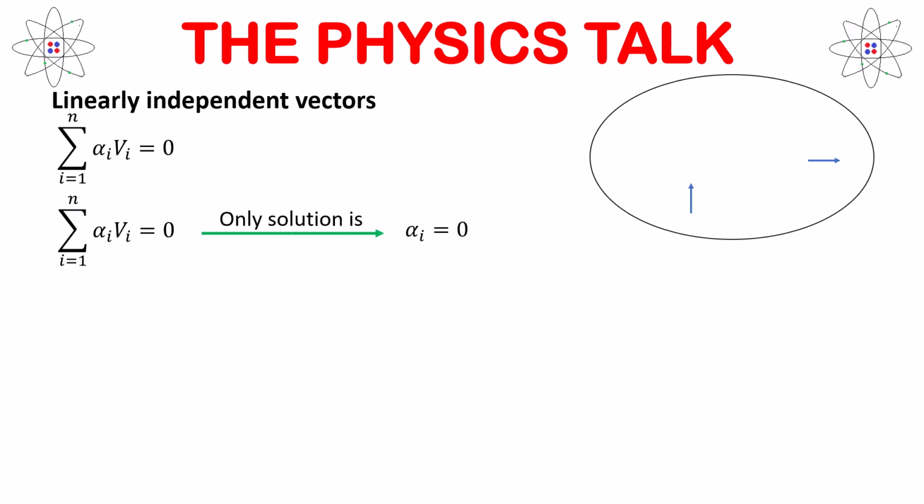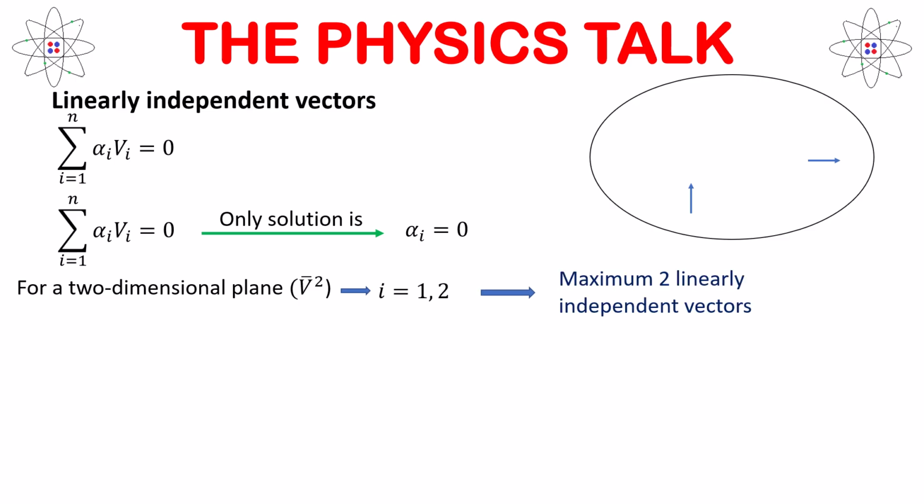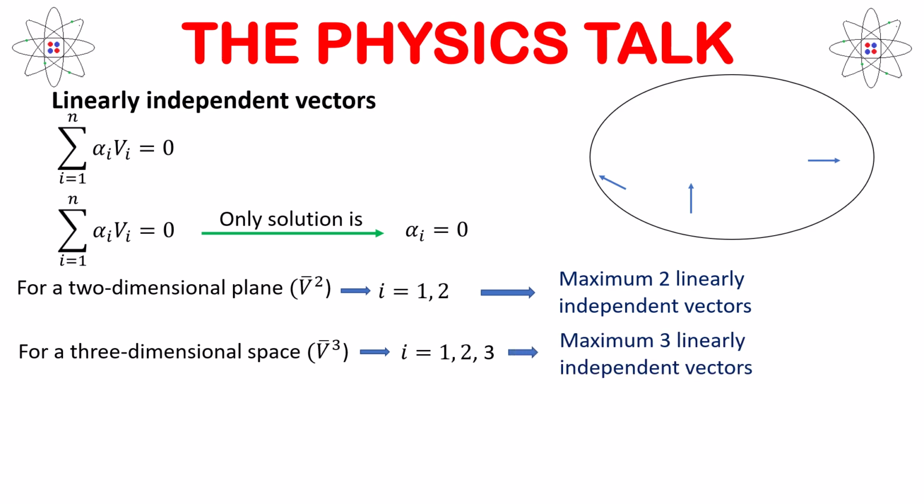In case of a two-dimensional space, like the display screen over here, two such vectors will remain which are perpendicular to each other. These two vectors are called linearly independent vectors. In case of a three-dimensional space, maximum three such linearly independent vectors will remain.